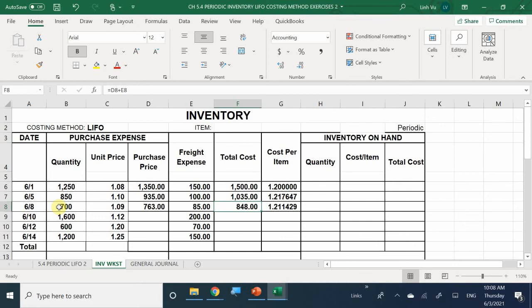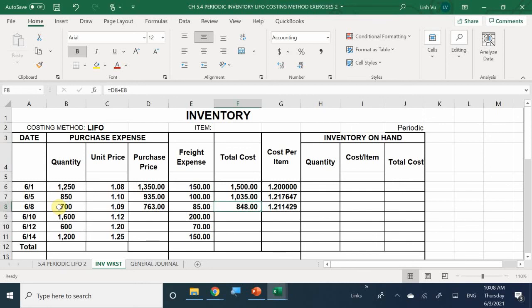So every time you sell an item, it's going to cost you $1.21 for every item in this batch that you sell. You're dividing the 848 by the 700, and that's how you come up with 1.211429. Correct.